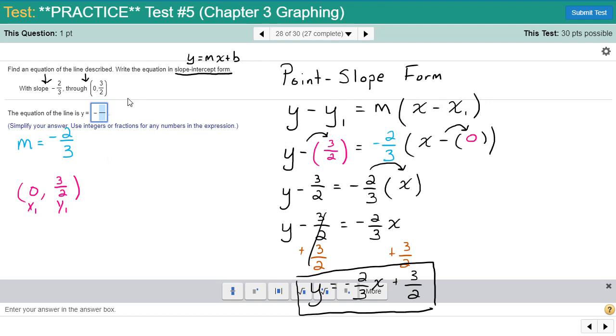So we can type in the 2/3 part, and then I'm going to arrow over. On my keyboard, after I'm done with my denominator, I'm going to hit the right arrow, and that's going to bring me out of the fraction. And I can type the x plus, and again we can use that fraction button and type 3/2. Alright, so there we have it, number 28.